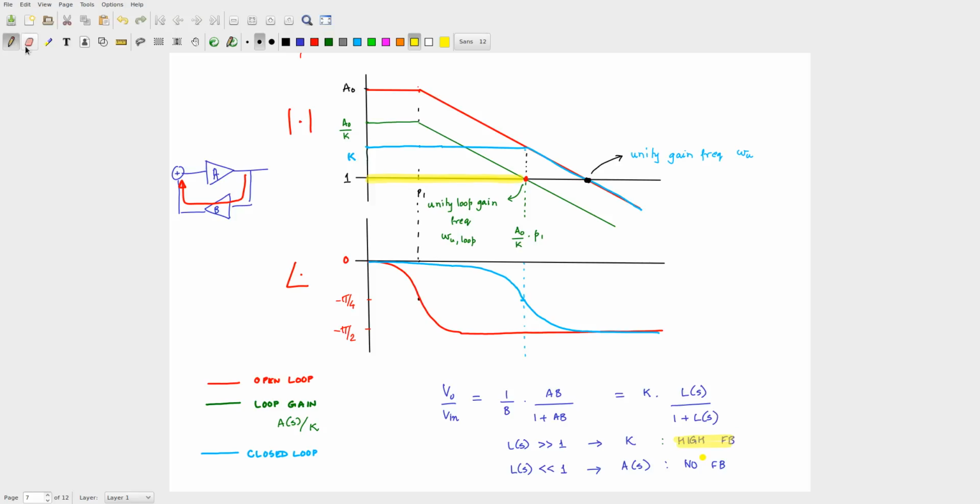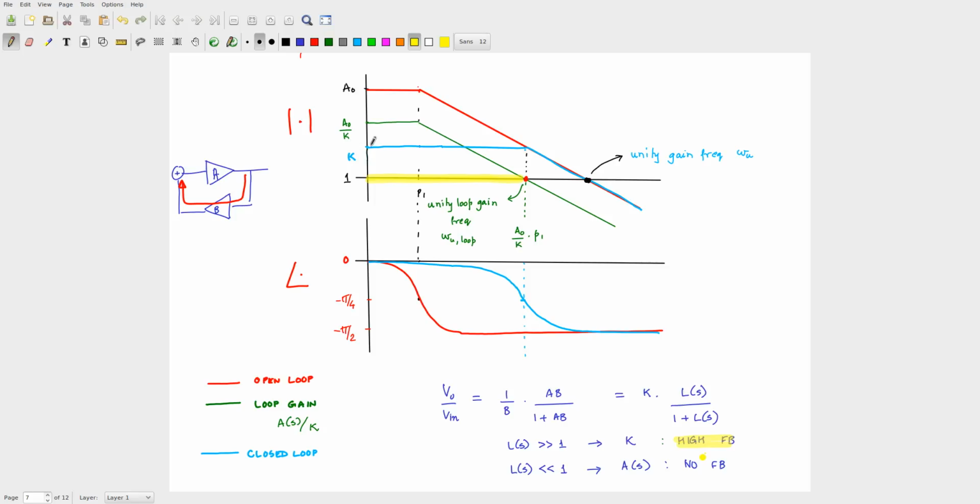It's essentially the same thing we have written down in words. I am just trying to allow you to see it pictorially, because for higher order transfer functions we can't do these things analytically. You will have to look at the graph and then determine what's happening. For the frequencies at which loop gain is greater than 1, which I have highlighted in yellow, you see that the closed loop transfer function is constant.